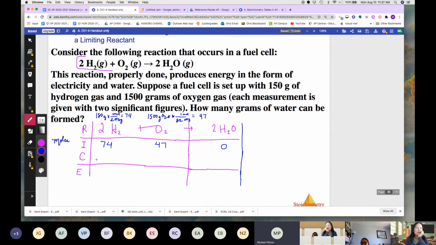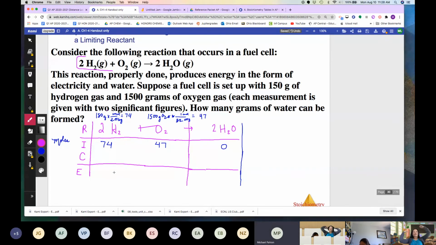The change. Okay, so what did you write for the change?